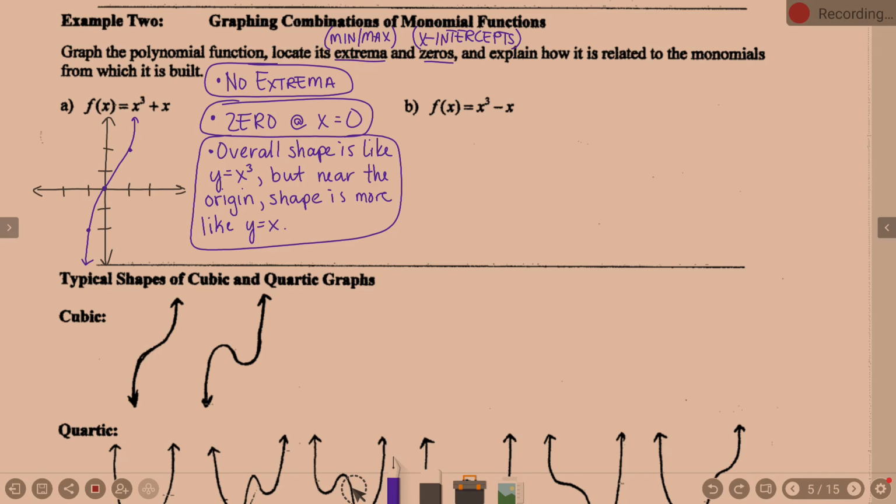So what's the overall shape going to look like? That increasing thing. Any guesses, thoughts about what negative x is going to do? More across the x-axis. Okay, because what is negative x? Instead of going this way, negative x goes that way. Yeah, makes it curvier is a good way to explain it.